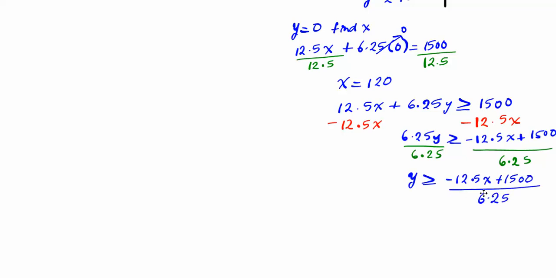Okay, now, what does this inequality tell us? It tells us two things. Number one, the line is going to be solid. Why is the line solid? Because you have this line underneath the inequality, which means included. If you have less than or greater than alone, the line is broken.